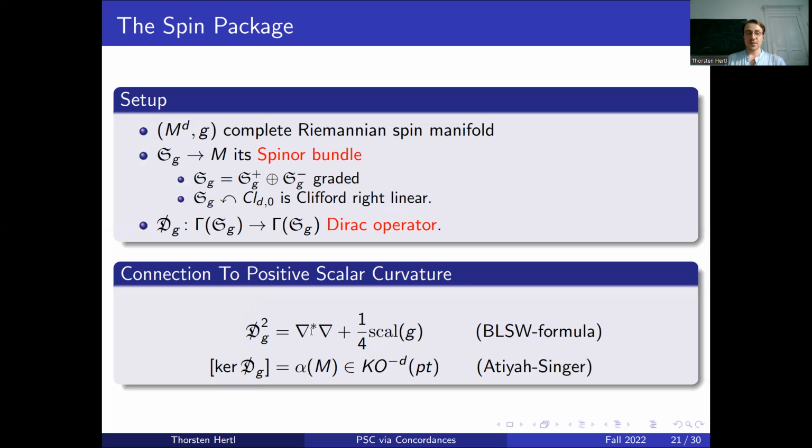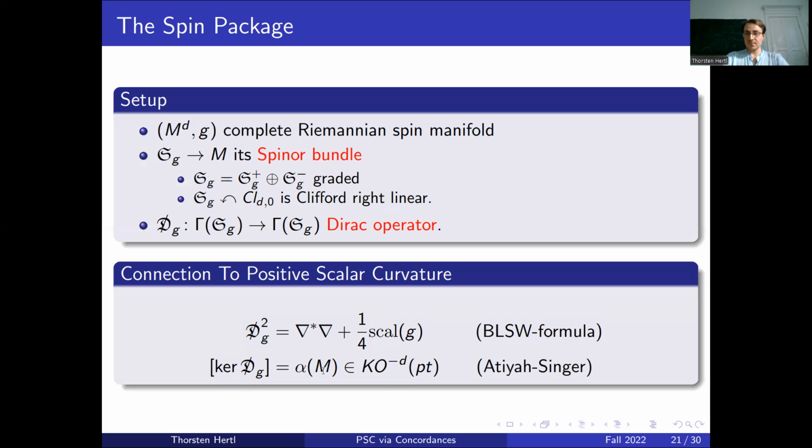On the other hand, since the Dirac operator is Clifford linear, its kernel generates a K-theory class. And the famous Atiyah-Singer index theorem actually implies that this K-theory class is independent of the Riemannian metric we use to construct the Dirac operator. It's a solely topological quantity.